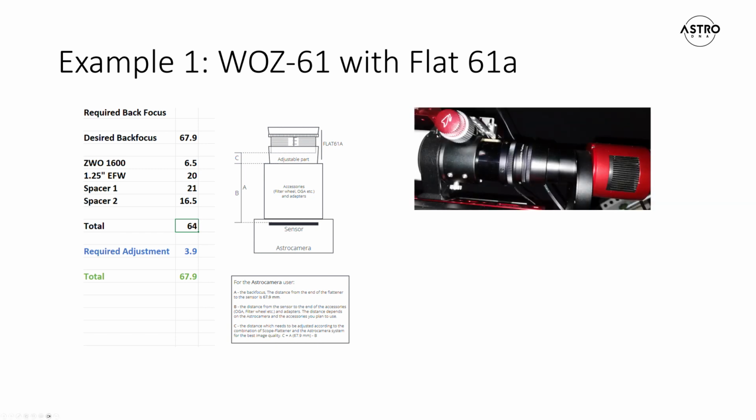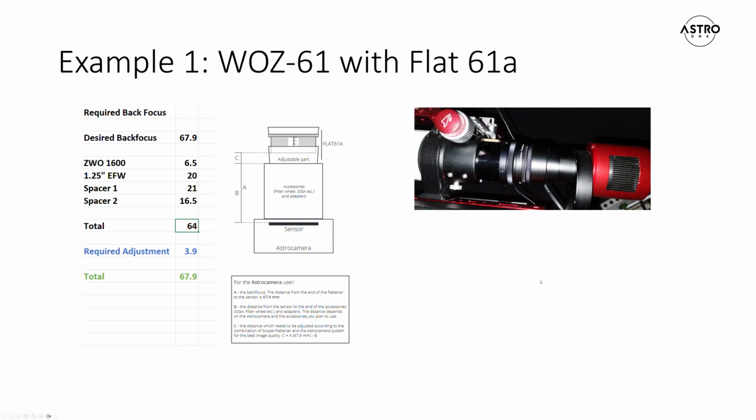So camera 6.5, filter wheel 20, spacer 21, spacer 16.5, corrective optics with 3.9 millimeters of adjustment through the threads, and that provides me with my required back focus of 67.9.